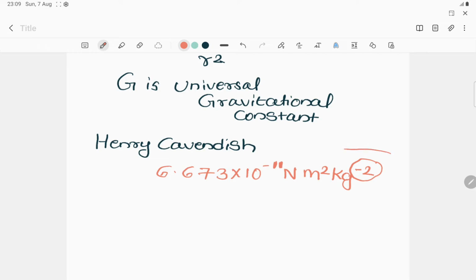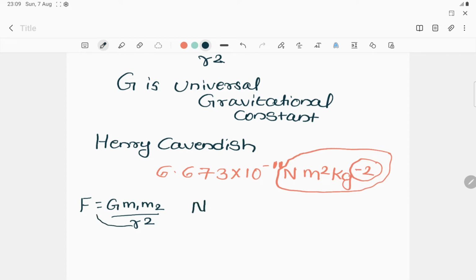Now how do these units come? Let me get back to my original expression. F is equal to G m1 m2 upon r square. Now the unit of force is Newton. I will multiply this r square, and if I take the SI unit, then it will be meter square.